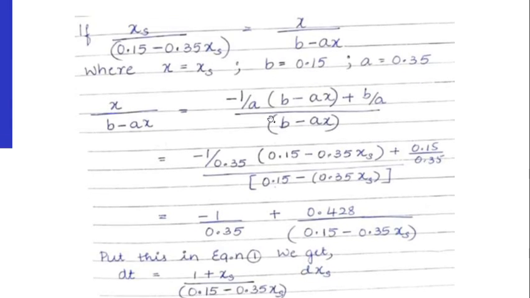Alright. Now I will simplify with the values and resubstitute b minus ax, right? So this numerator I can divide into two parts, one part like this and the second part with a constant. This b minus ax gets cancelled out, it ends up with minus 1 by a, which is minus 1 by 0.35, plus the second term, b by a divided by b minus ax, right?